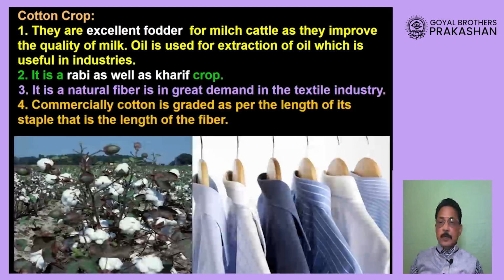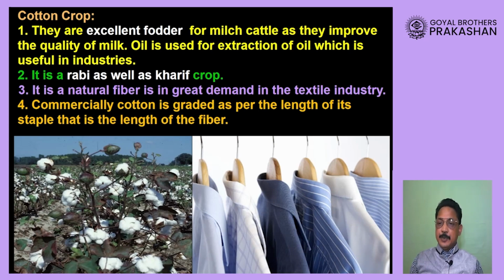Now let us look at the first very important cash crop of our country. Please remember this, cotton, dear students. Not only do we use cotton for making cotton clothes, but cotton seed oil cake is converted into silage.